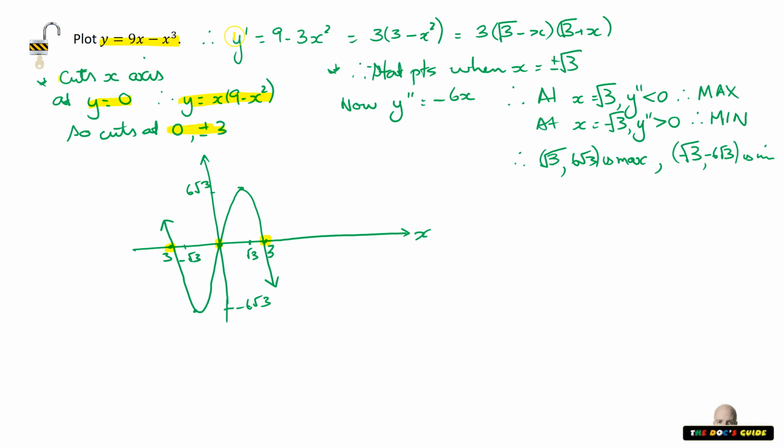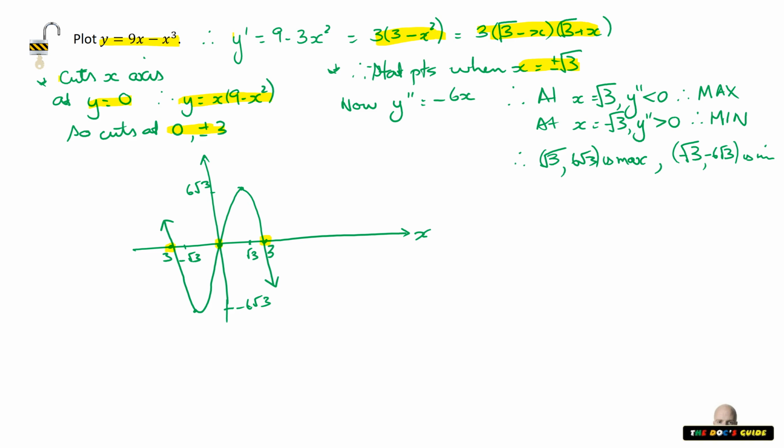Then we find the first differential. So we find that so that we can discover if there's a place where the first differential equals 0. So from this we factorise it, rely on our difference of squares. We can see then that we'll have stationary points when x equals plus or minus root 3.